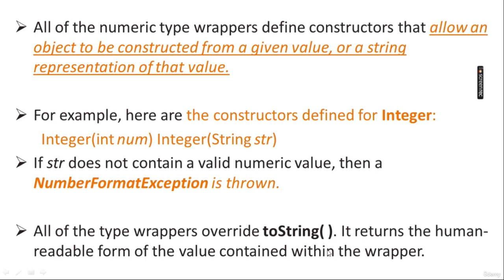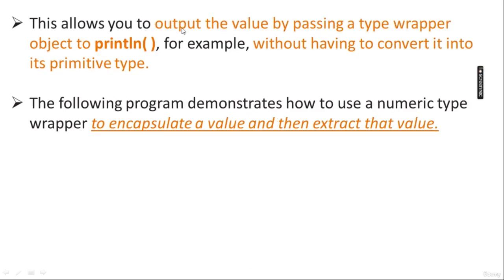All of the type wrappers override the toString method, that is byte, float, double, whatever the type wrapper classes are, they override the toString method of the class. It returns the human readable form of the value contained within the wrapper. It allows you to output the value by passing the type wrapper object to println, for example, without having to convert it into a primitive type.